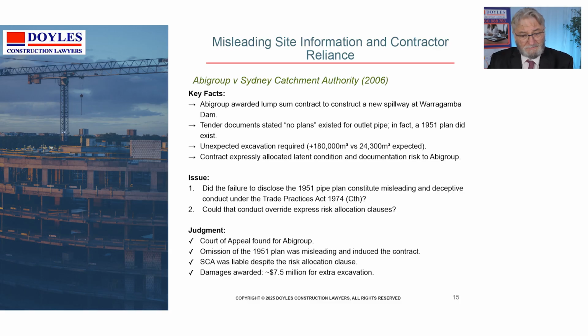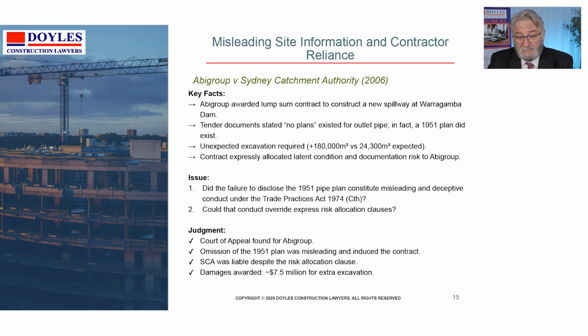Abigroup were awarded a lump sum contract to construct a new split spillway dam. The tender document stated no plans existed for a certain outlet pipe. So there were no plans that mapped out the extent of the lowest part of the excavation. But some unexpected excavation was required, 180,000 cubic metres, and the contract expressly allocated latent condition and documentation risk to the contractor.